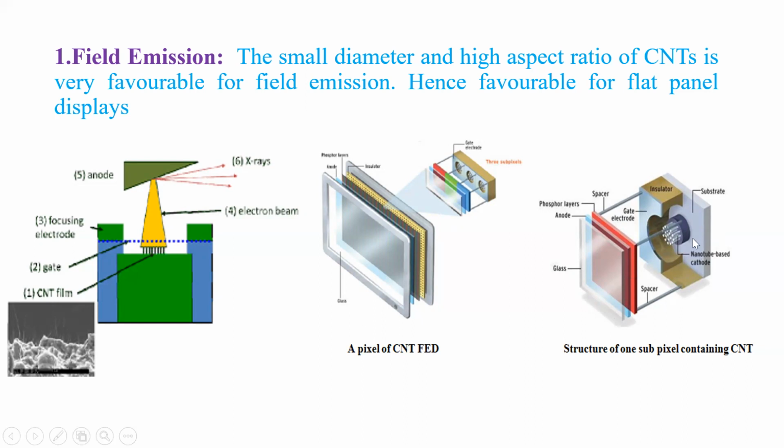So here also you can see nanotube based cathode, and this is a flat panel display. It is showing 1 pixel, and each pixel has sub pixels containing carbon nanotube. Okay, and we'll discuss more briefly about flat panel display in another video.